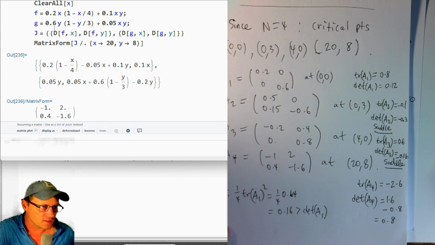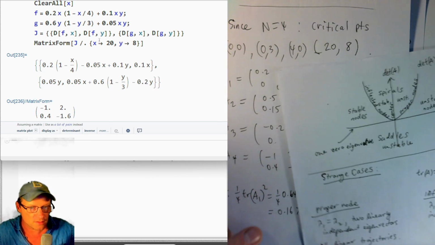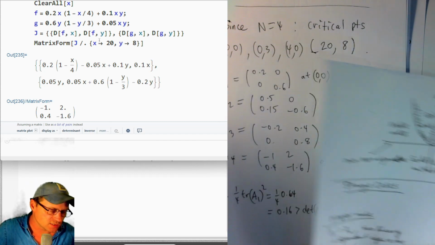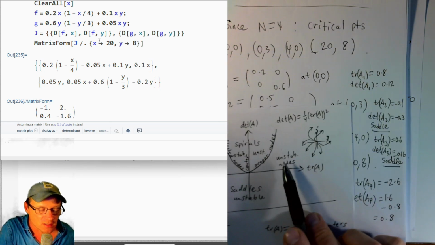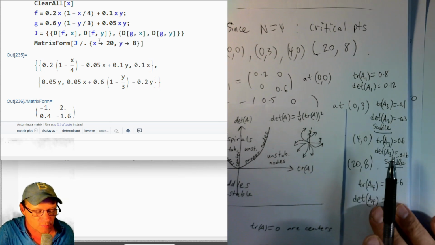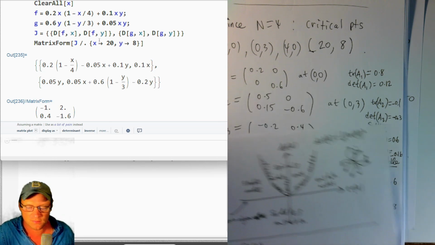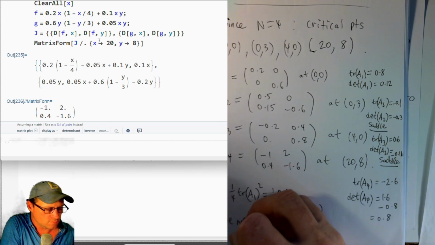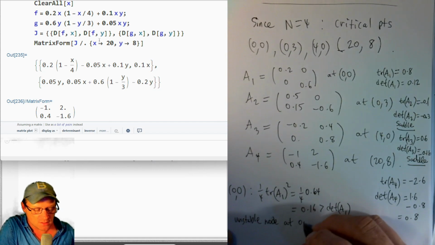Okay, and so I think that this should be, according to the stability chart here, let's see, we have a positive trace and a positive determinant, but the trace is the bigger one. And so I think that that should be an unstable node at 0, 0.